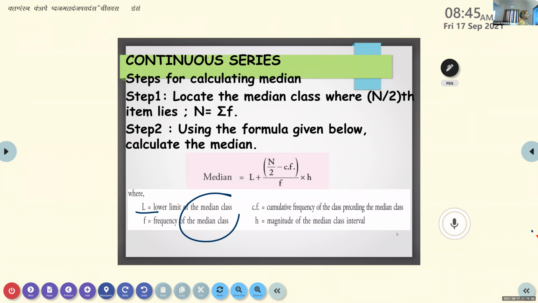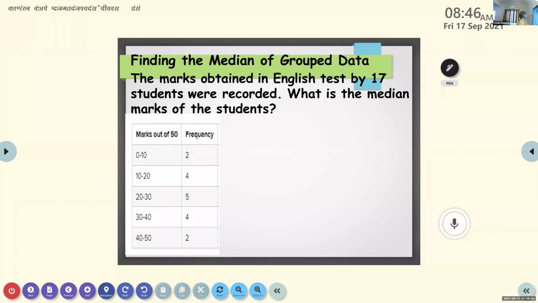That width or magnitude is what you take as H. So the formula for finding the median is equal to L plus, that is the lower limit, N by 2 minus CF, and I told you what CF is, divided by F, into H. This is the formula to get the median.